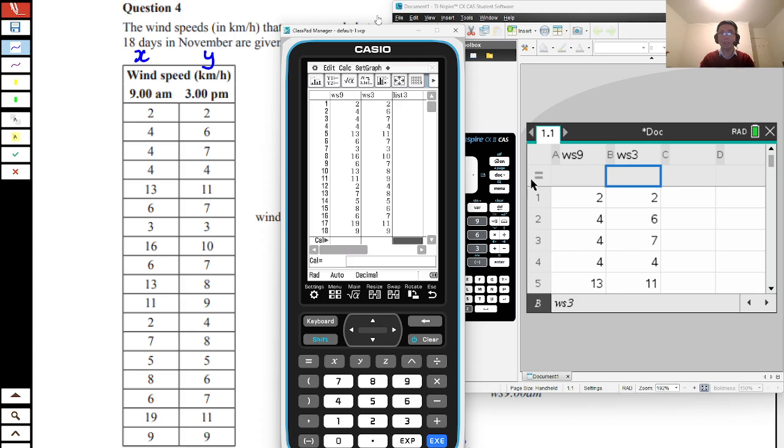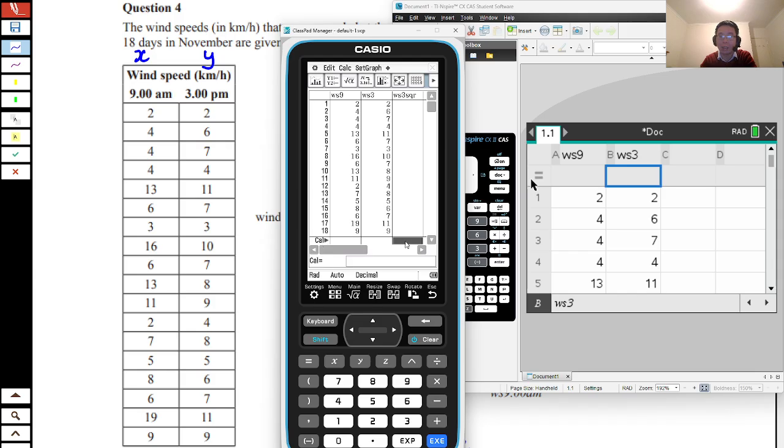So what you want to do is make sure that you have given your variables meaningful names. So I'm going to call my y squared variable ws3sqr, shorthand for square. And you don't want to square every value manually. You're going to use a formula in the spreadsheet. So on the ClassPad, that formula is applied at the bottom with this Cal entry, Cal for calculation.